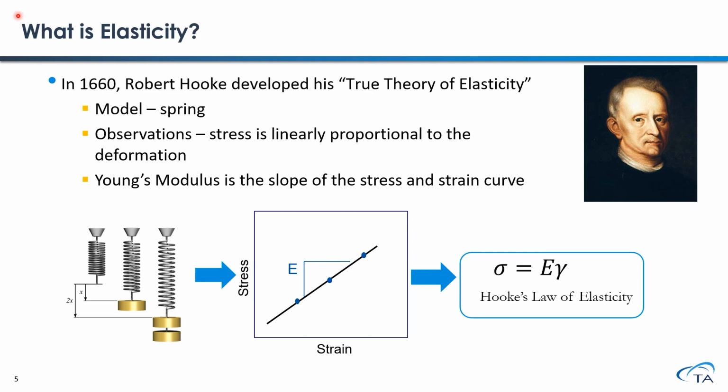His observation was that the stress he applied to the spring is linearly proportional to the deformation. From these results, Hooke defined the slope of the stress and strain curve as the Young's modulus of the spring. And this formula describes Hooke's law of elasticity.